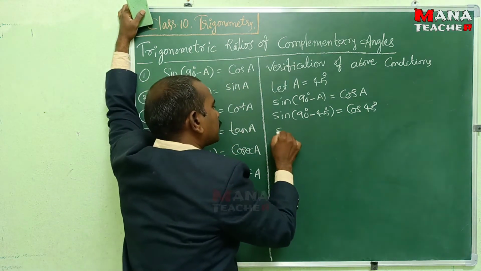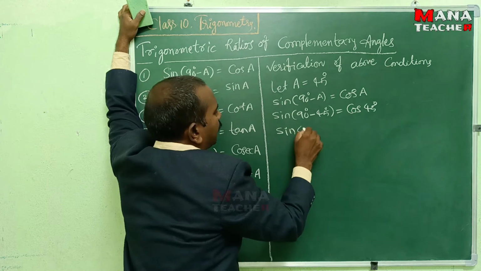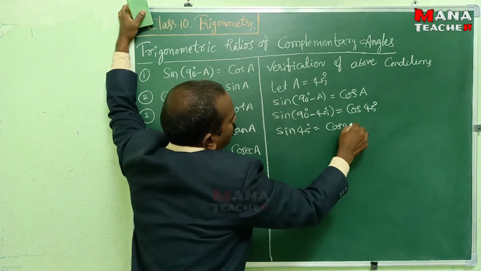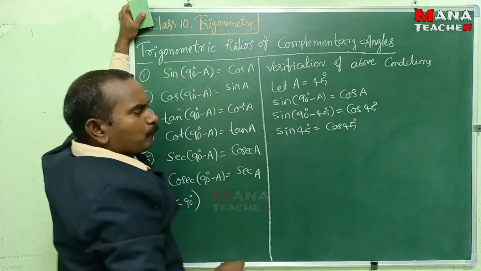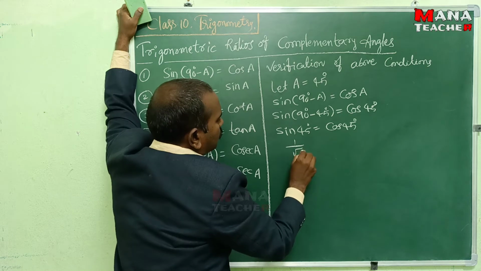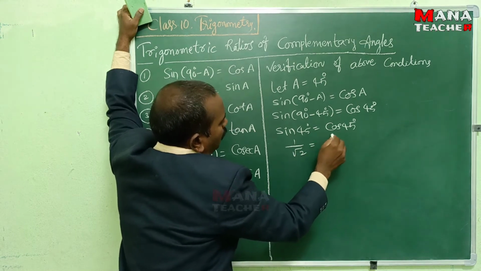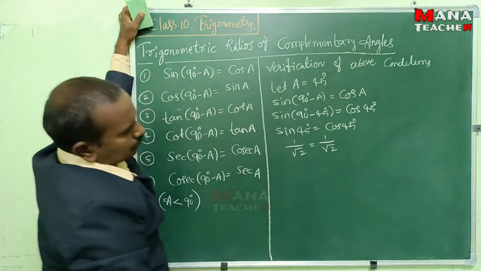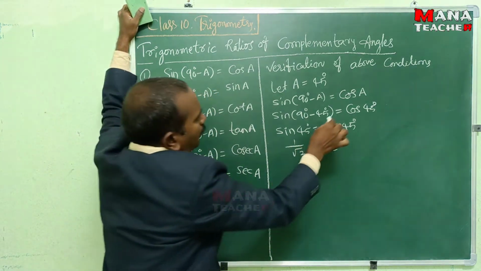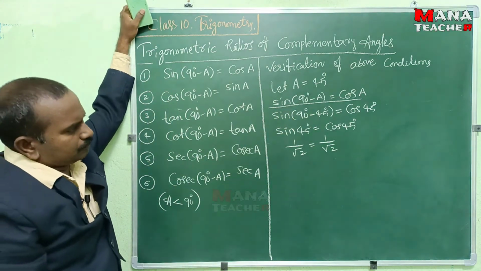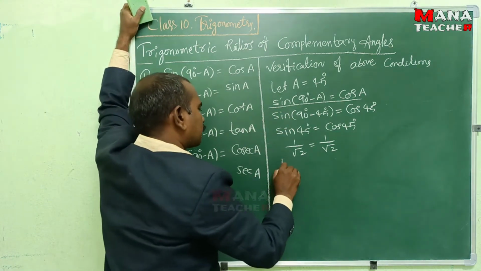Sin 90 minus 45 is sin 45 degrees, equals cos 45 degrees. Now the value of sin 45 is 1 by root 2, equals cos 45, also 1 by root 2. The above condition is proved. So here LHS equals RHS.